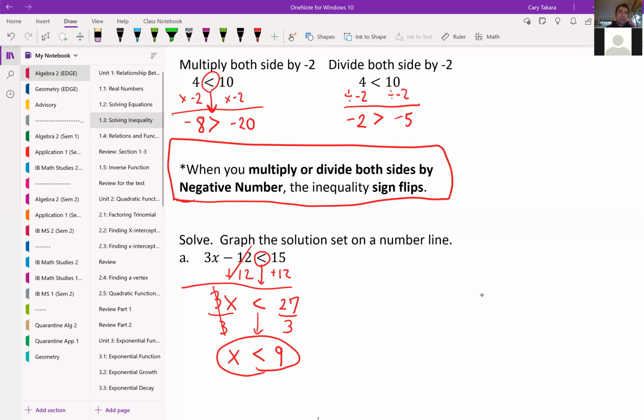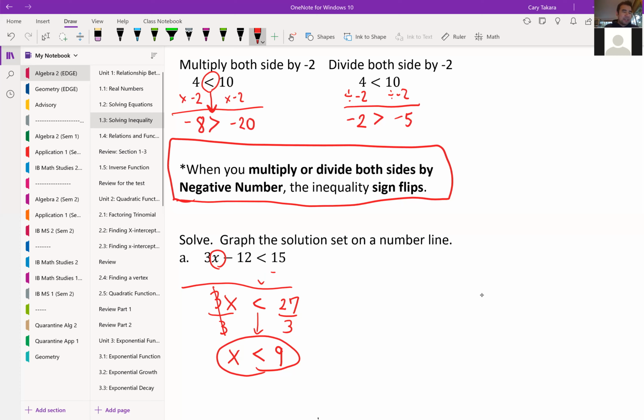There are so many numbers. If you pick a number that is less than 9, it will work in this inequality. If you put in 4, 3 times 4 minus 12 is less than 15.